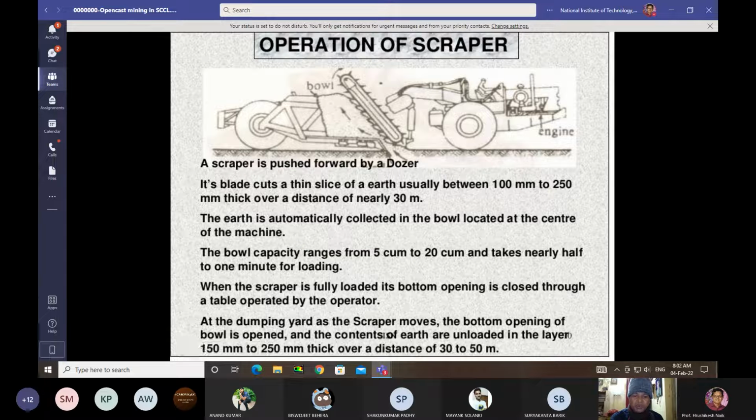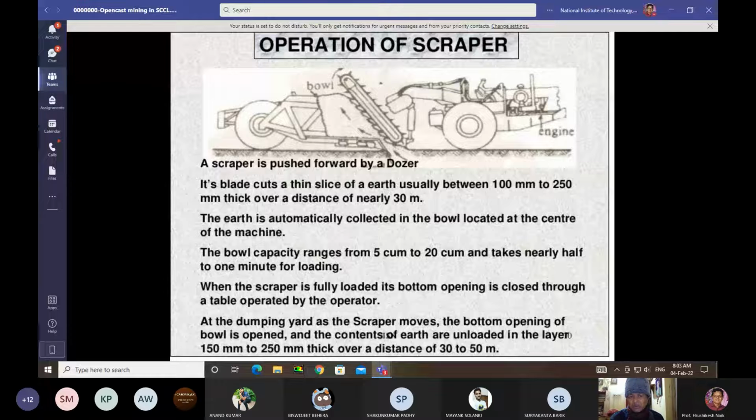At the dumping yard, as the scraper moves, the bottom opening of the bowl is opened and the contents of earth are unloaded in a layer 150 millimeter to 250 millimeter thick over a distance of 30 to 50 meter.